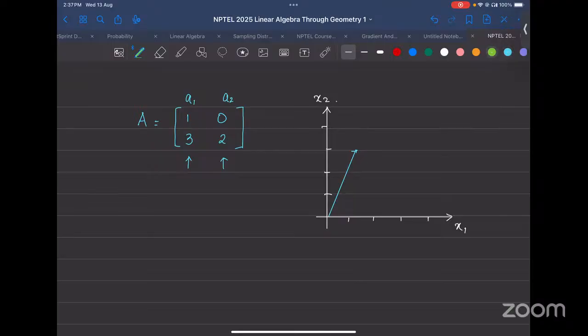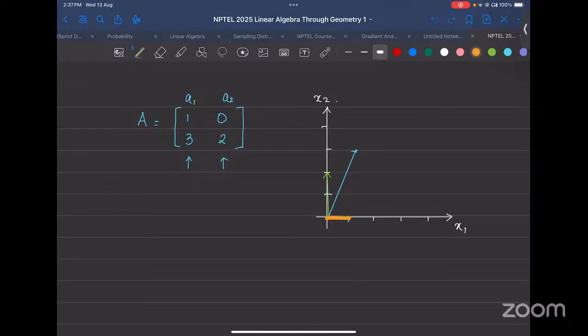The second vector is going to look like this. 0, 2 is basically here on the y-axis, so I'll take this to be the vector 0, 2. Now, if you want to look at the transpose of this matrix, how does it work? Now plot this as a row vector. I'll take 1, 0 as the row vector, which is here.